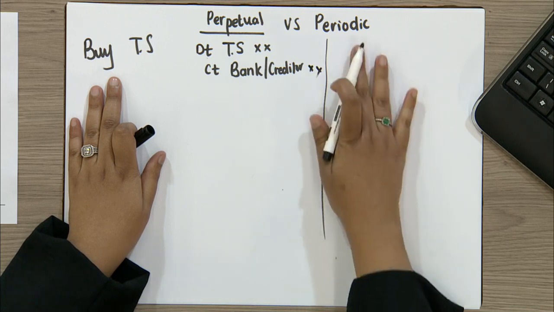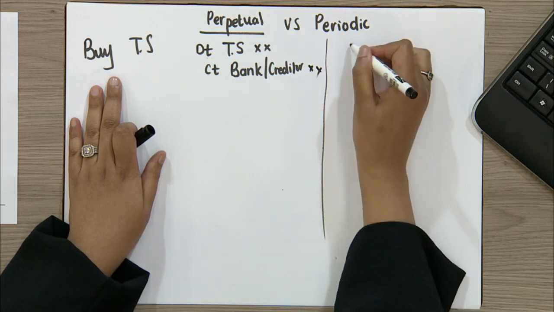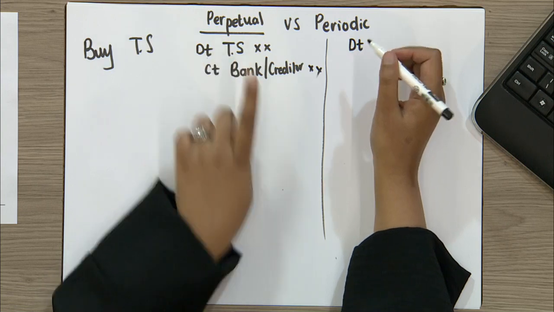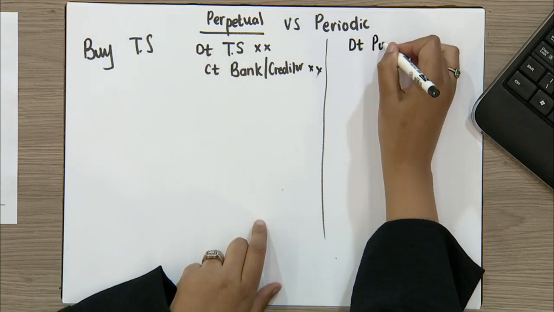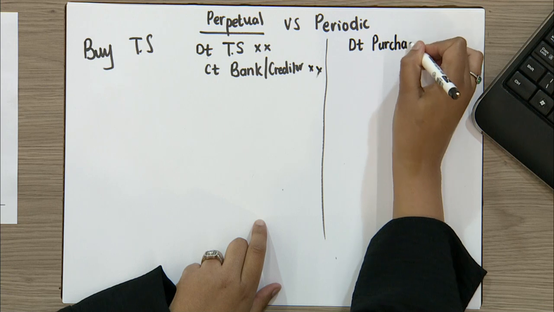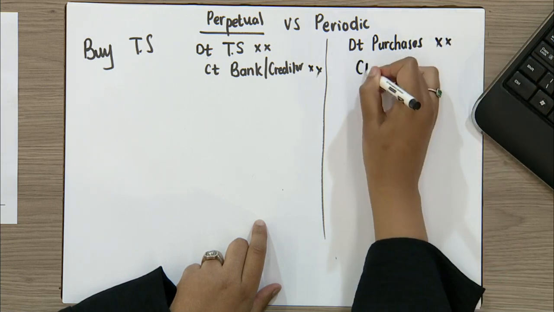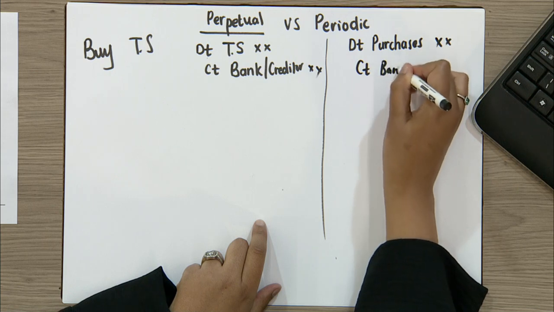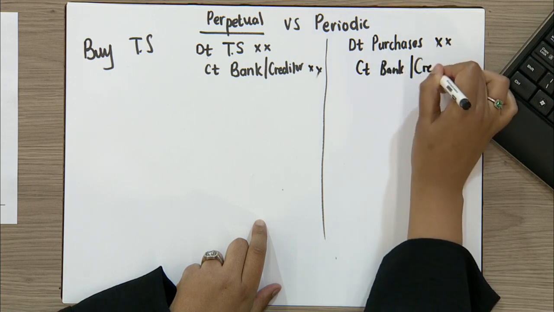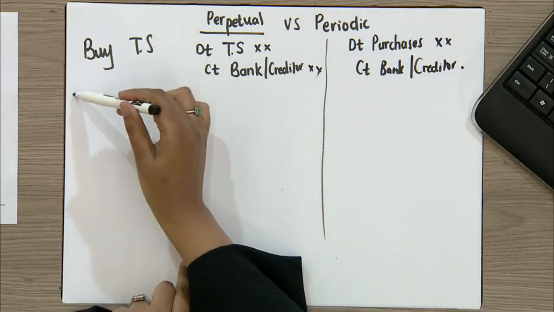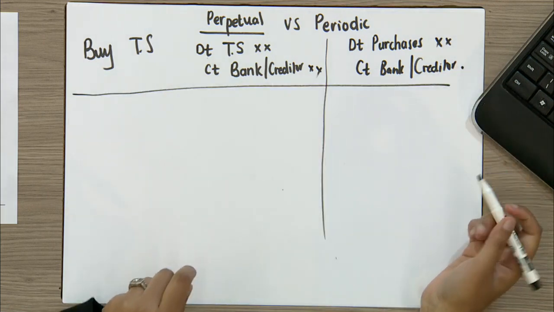However, in the periodic, they do not use a trading stock account, therefore they record it as purchases. So you debit purchases for the amount and credit either bank or creditors control. That's when we buy trading stock.